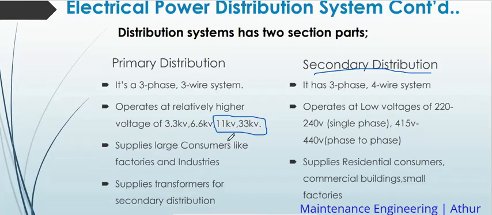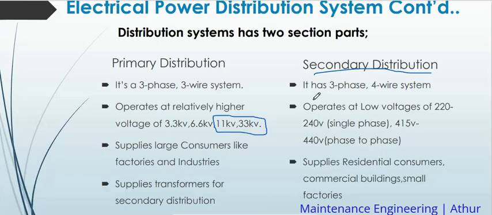They cannot use unbalanced voltage. And this 11 kilovoltage and 33 kilovoltage, we call it balanced voltage. There are some machines that cannot use unbalanced voltage, and therefore they have to use direct 11 kV or 33 kV. In industries, there are some machines that use this voltage directly.